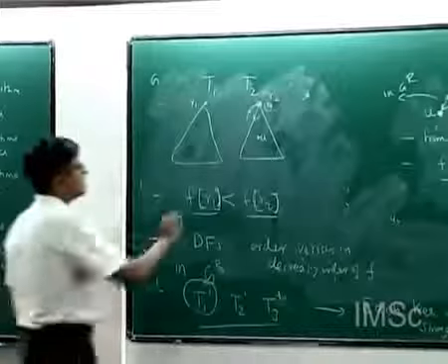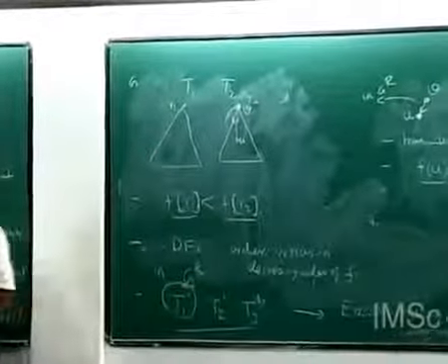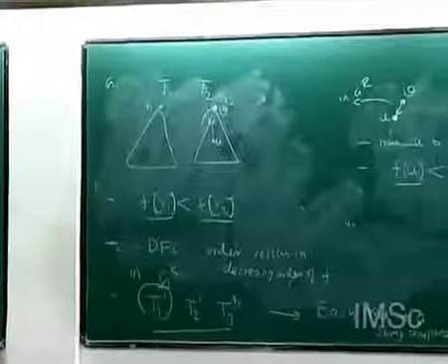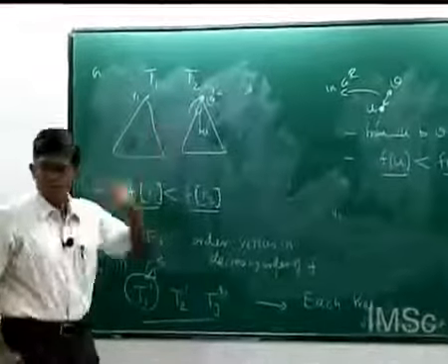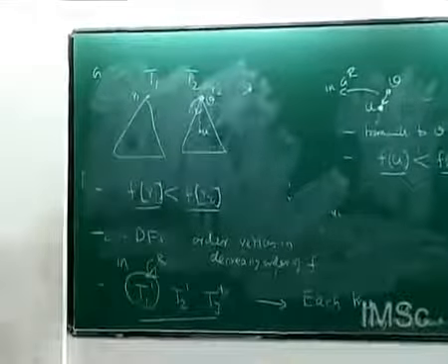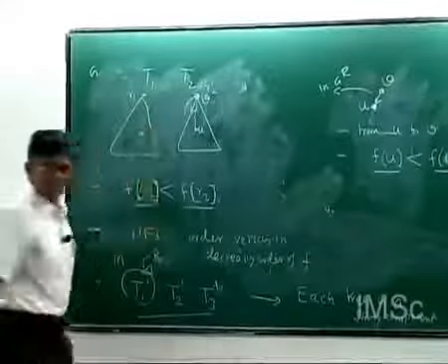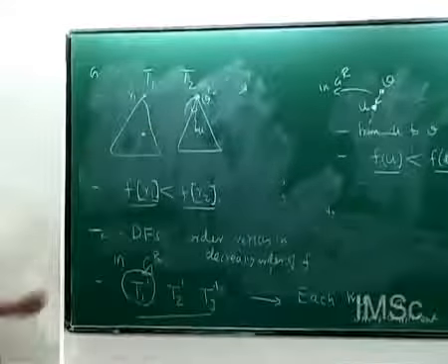Why? Because from u there is a path of white color edges. Remember that it's a tree, and therefore you have found a path from v to u. What's the other possibility? The other possibility is that u is here.